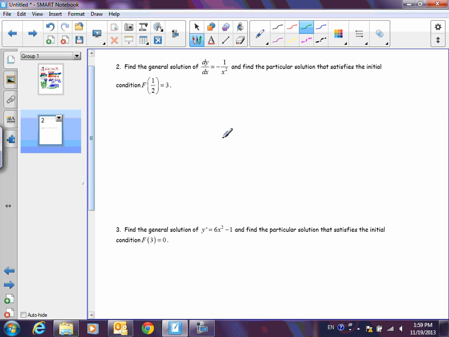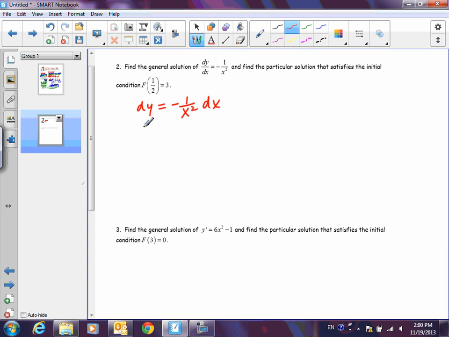Sometimes on these problems, they're going to do some of these steps for you. So if you notice on 2, the dy over dx is already done. You remember before we had to change it to dy dx. So what's our next step? I need to multiply the dx to the other side so that I have dy equals negative 1 over x squared dx.